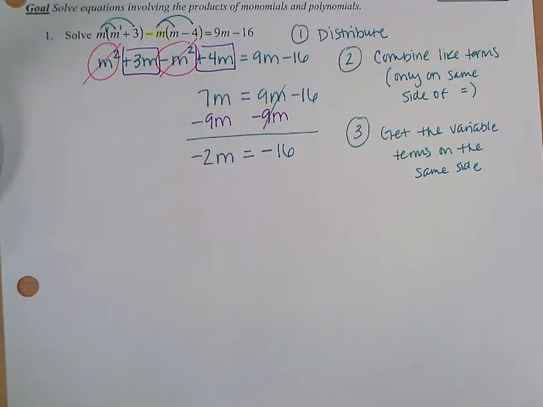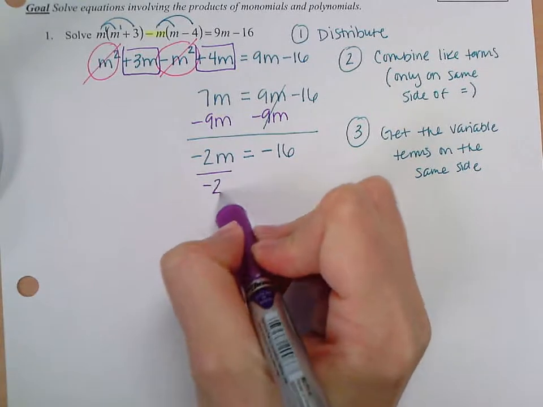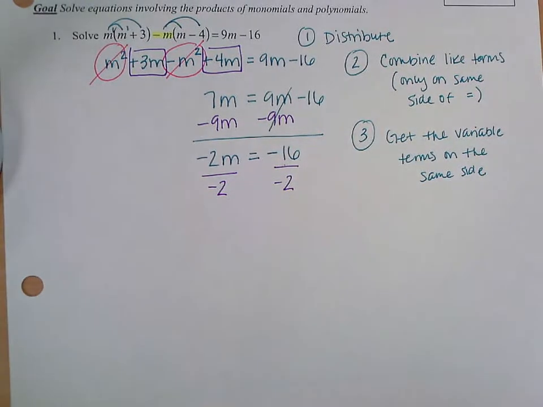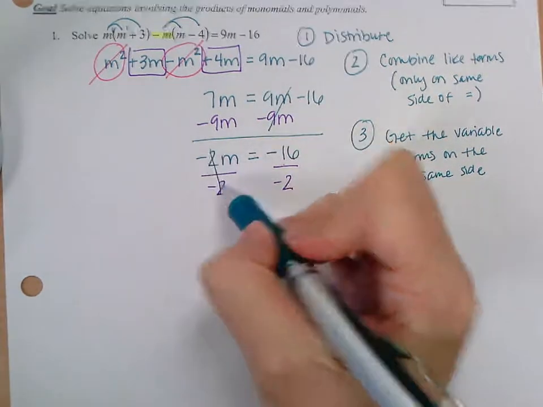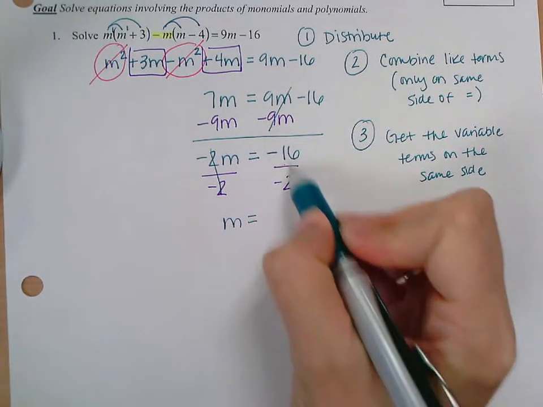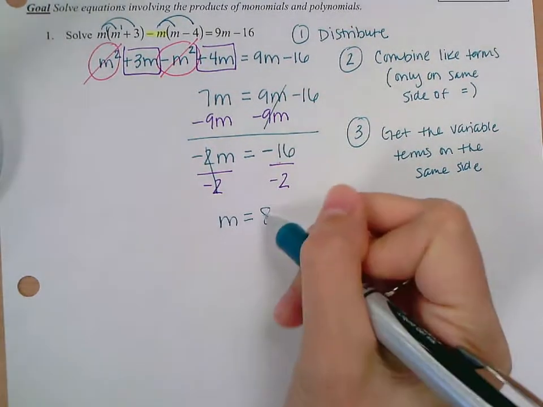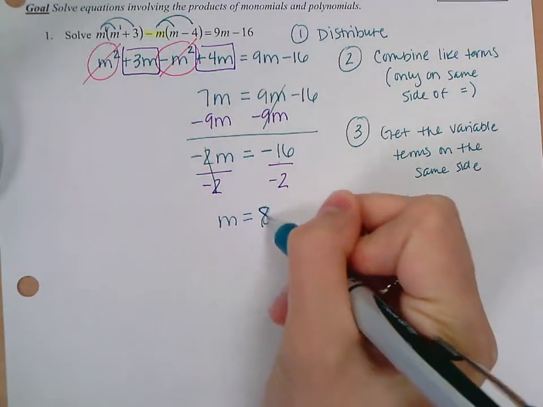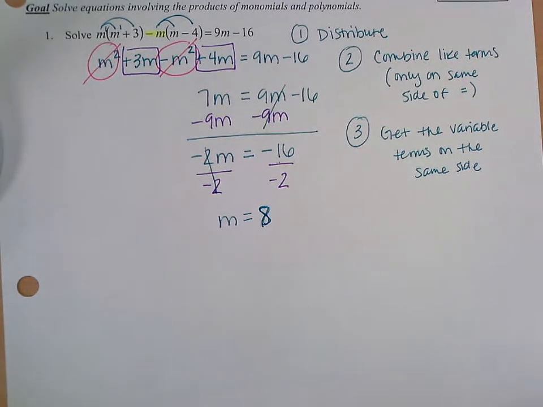Good. So m equals positive 8. Well, my 8's looking kind of weird there.